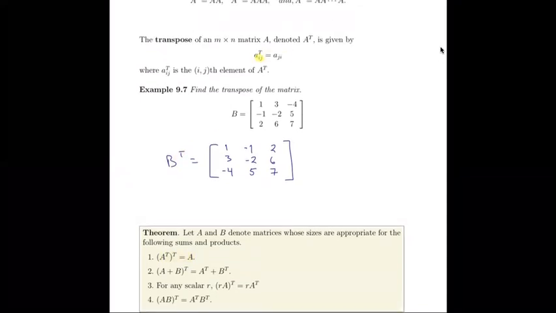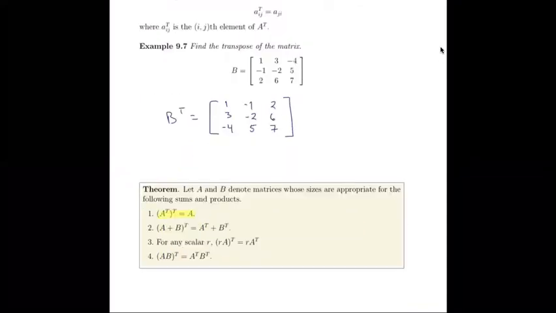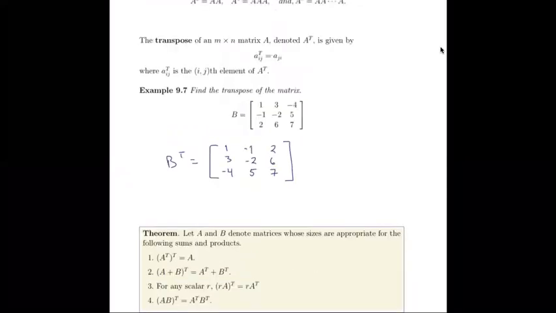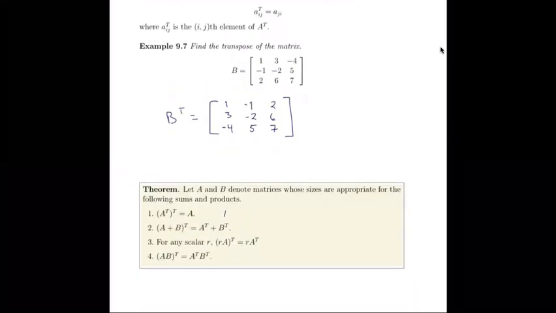Now, if you use this notation above, you could prove this result pretty nicely, and that would look like this. So we could say that A transpose transpose is equal to, we'll write it in this notation, the transpose of Aij transpose.